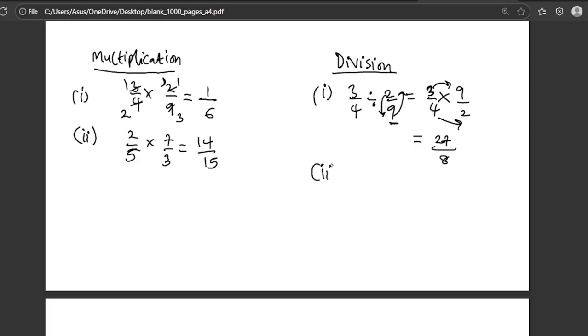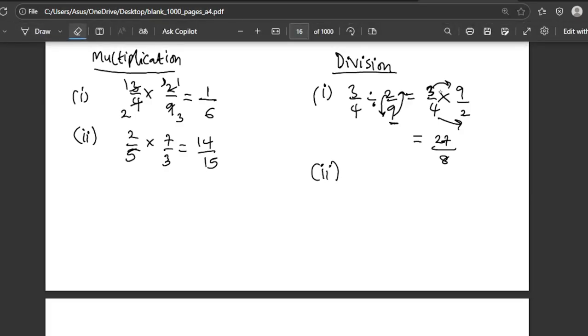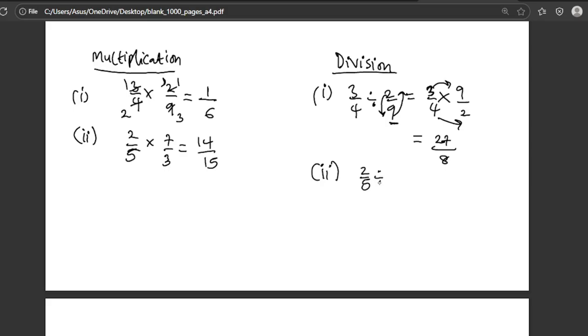First thing, we change the division sign to what? Multiplication sign. After doing that, the number after the division sign, invert it: return the numerator to the denominator, and the denominator to the numerator. Here's another example. 2 over 5 divided by 7 over 3.